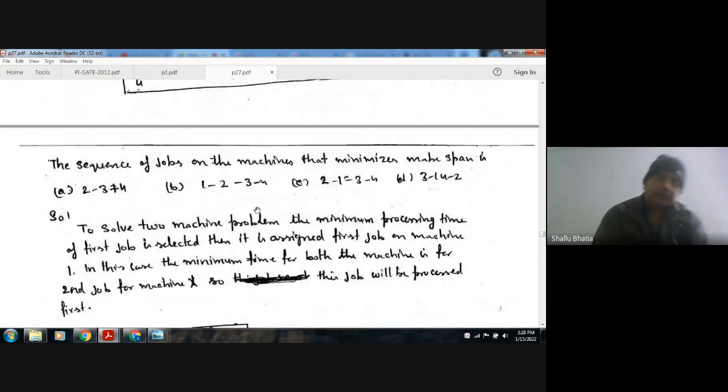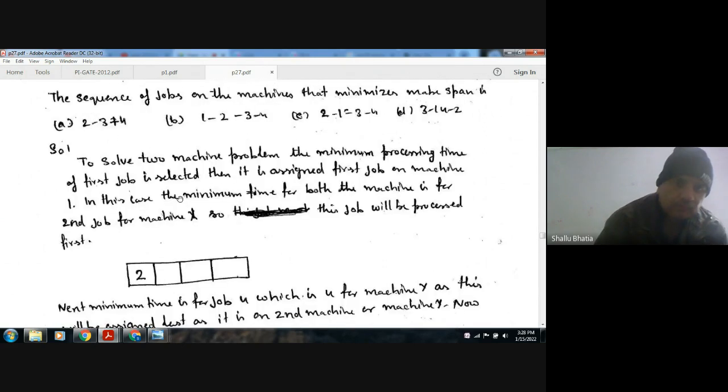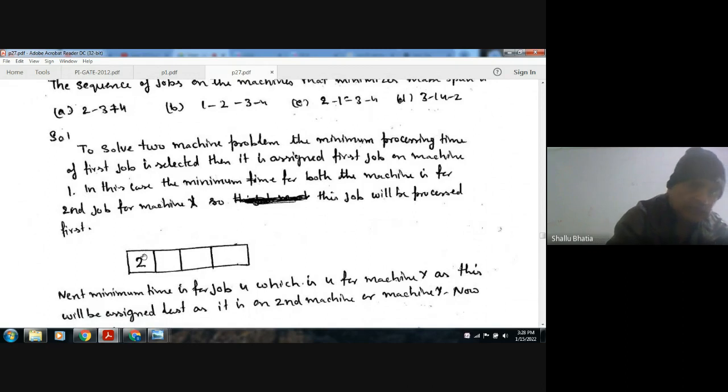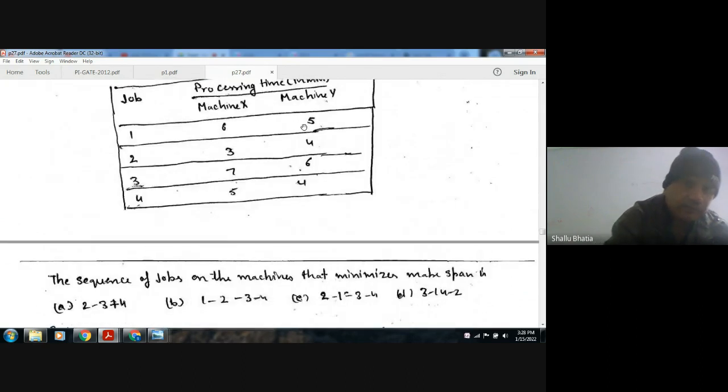This problem is solved by using Johnson's rule. So take out the minimum time out of all the times. The minimum time is 3, for machine X and job 2. This machine is the first machine and this is the second machine.